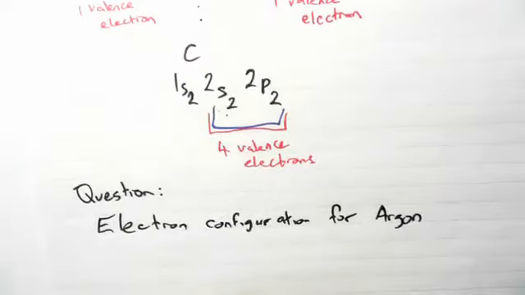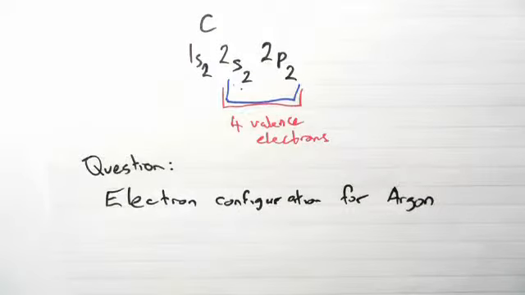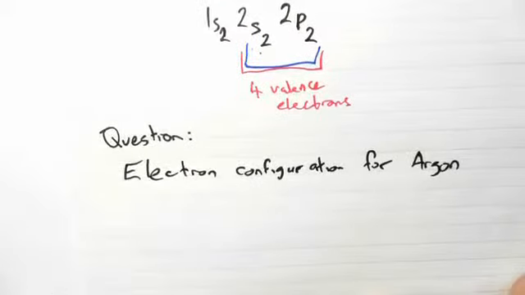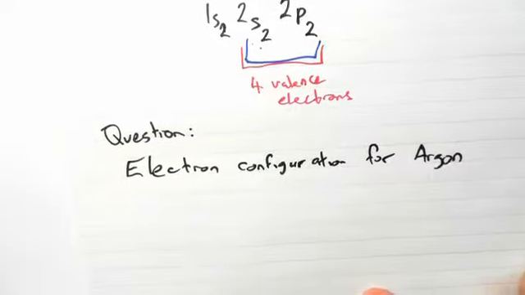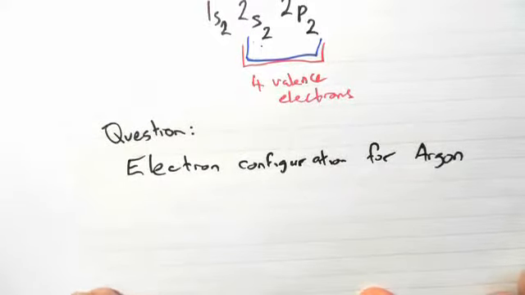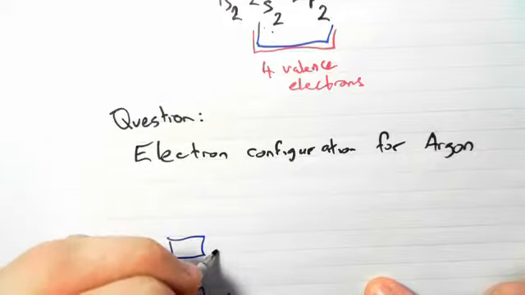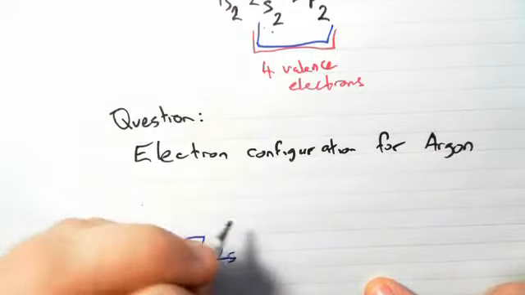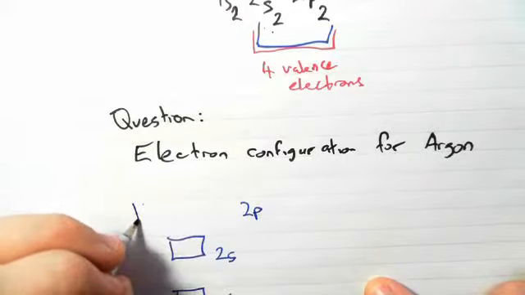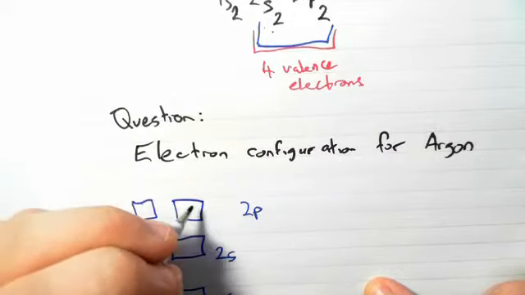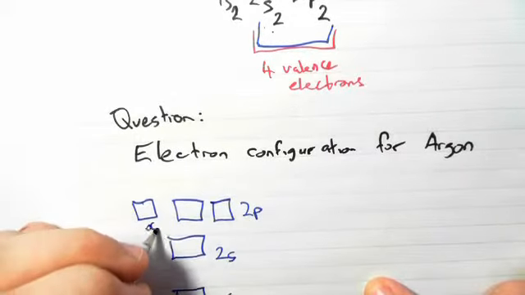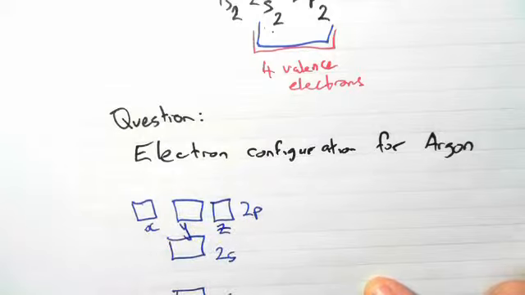So just following on from that, a question: what is the electron configuration for argon? Drawing it out, we have a 1s, we have a 2s, and we have a 2p, and we have 3 boxes for the x, y, and z.